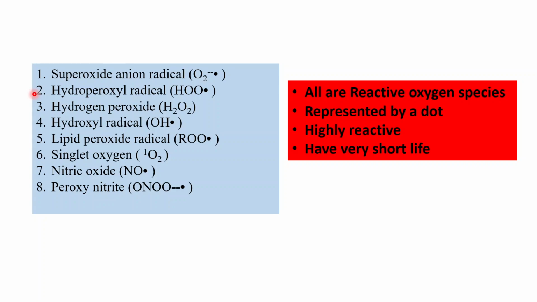These are the common free radicals which cause damage in medicine and cause various diseases. Because they all come from oxygen, they are represented by a dot, like the superoxide anion. They are all highly reactive, and that is what makes them dangerous, but they also have a very short life.